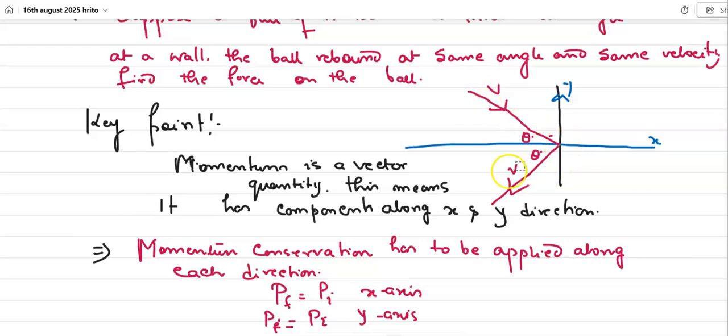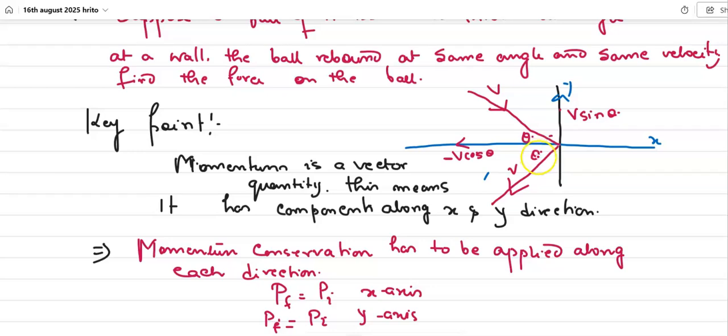ঠিক আছে, সো দিস ইজ দ্য সিচুয়েশন। তো এখানে when this velocity is along the x-axis making angle theta, its components are, what are the components? Components are one along v cos theta here and you have v sin theta, or you can say this is along the negative x-axis, so write it as minus v cos theta.